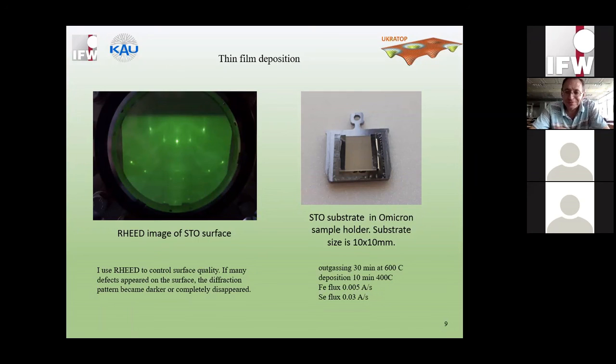Yes, I know about this oscillation, but this STO substrate isn't of good quality, so I can't see this oscillation during the deposition. Maybe with a newly doped STO substrate I can see this oscillation, but now I can't see it.